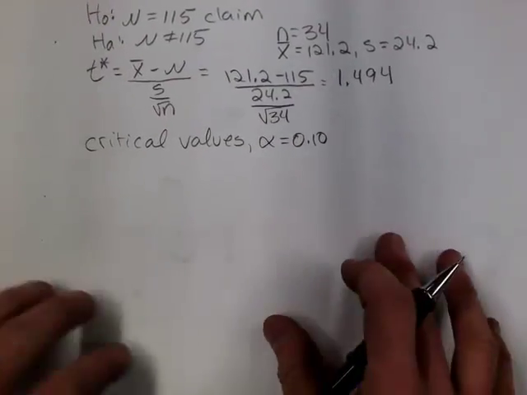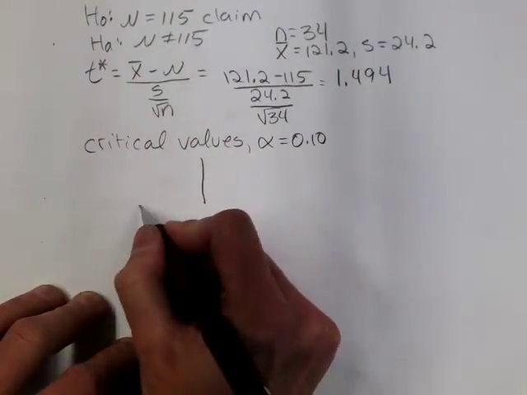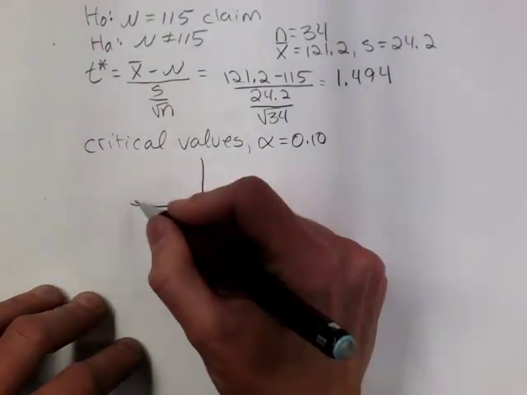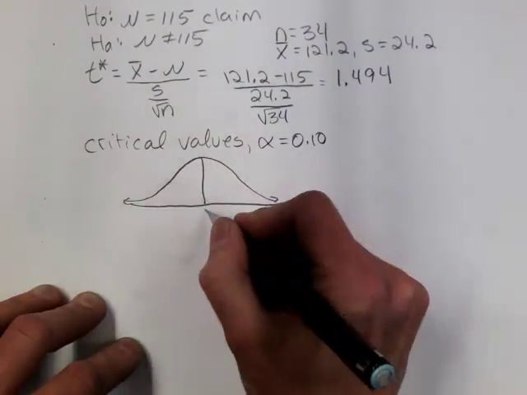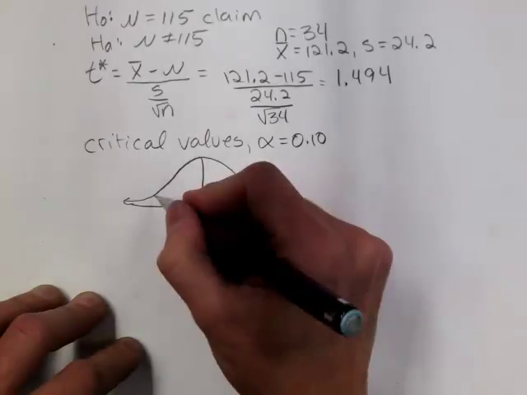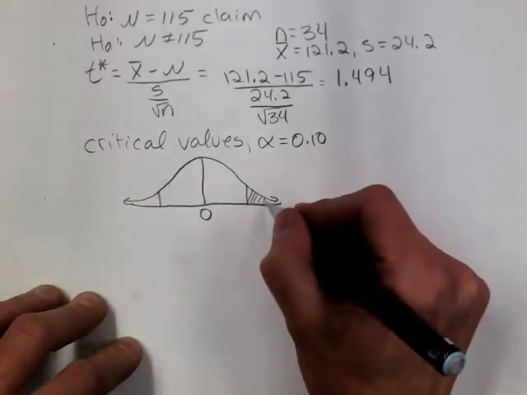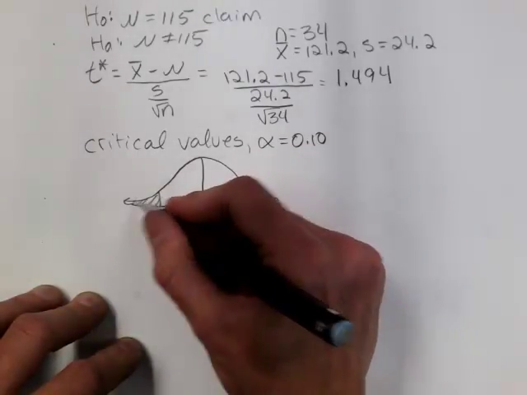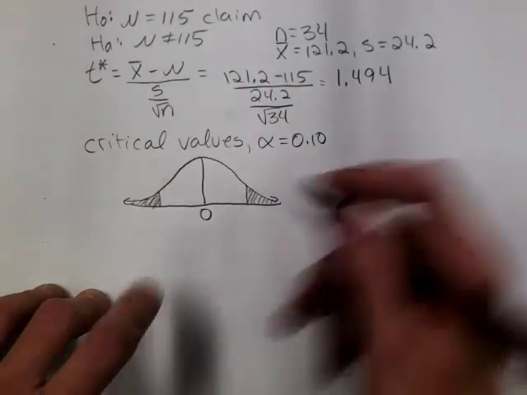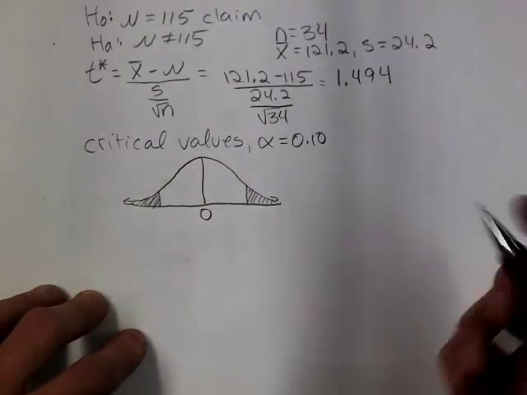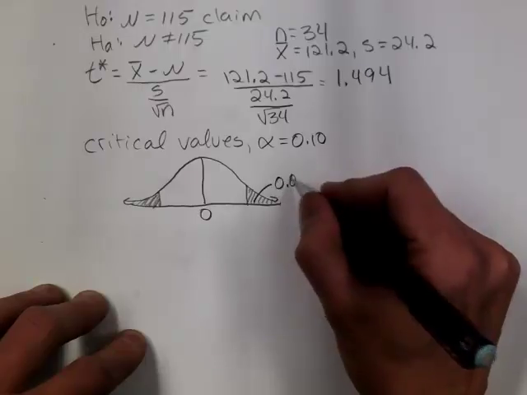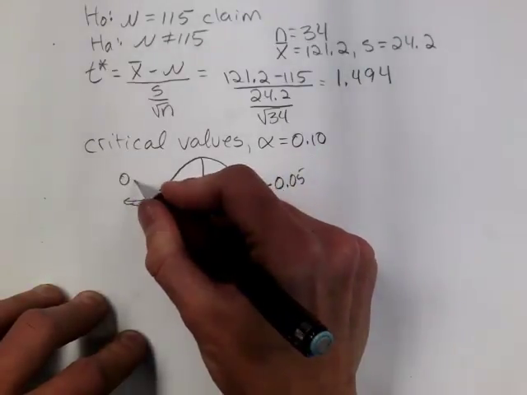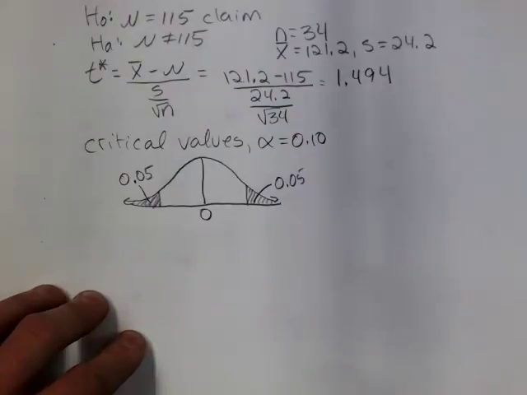Okay, so I'm going to draw something bell-shaped, put 0 in the middle, and shade my two areas of rejection. Because it's a two-tail test, I need to divide alpha in two. So how much area is in one tail by itself? 0.05, right? So 0.05 in each tail.